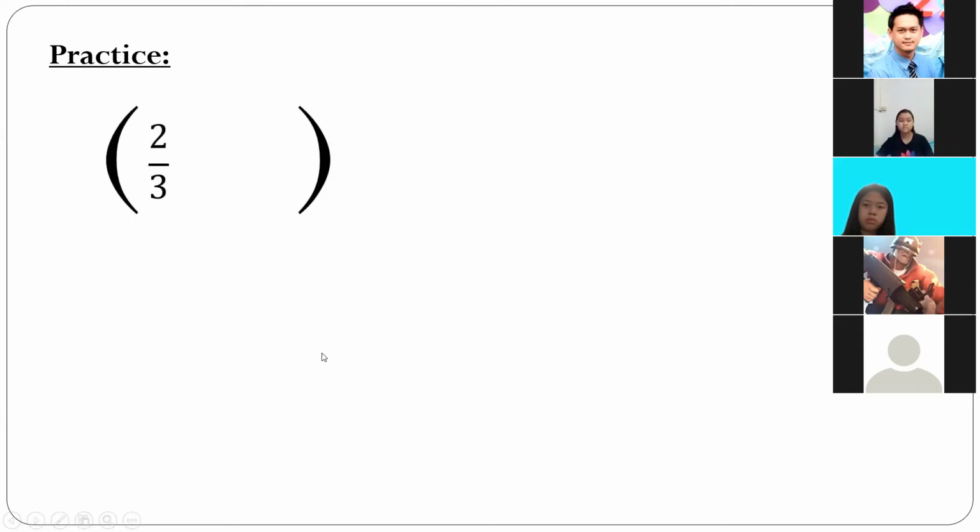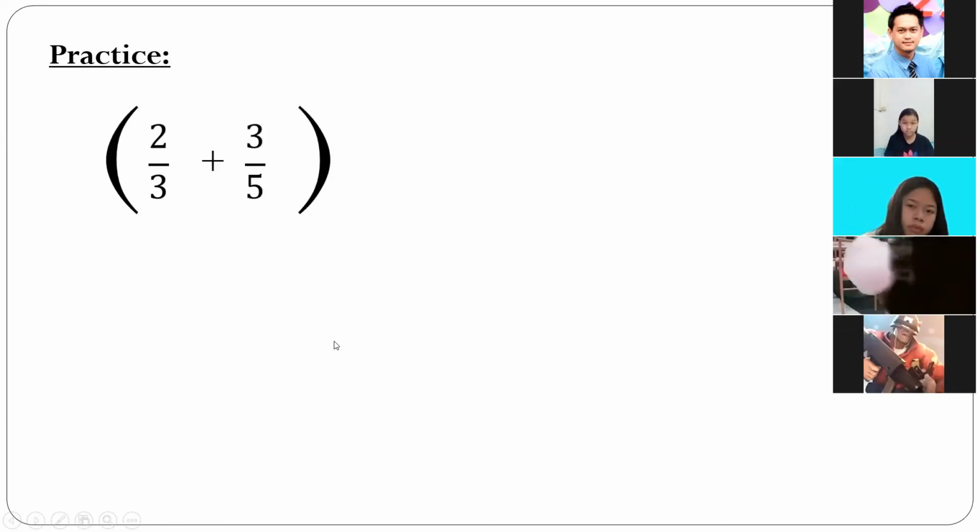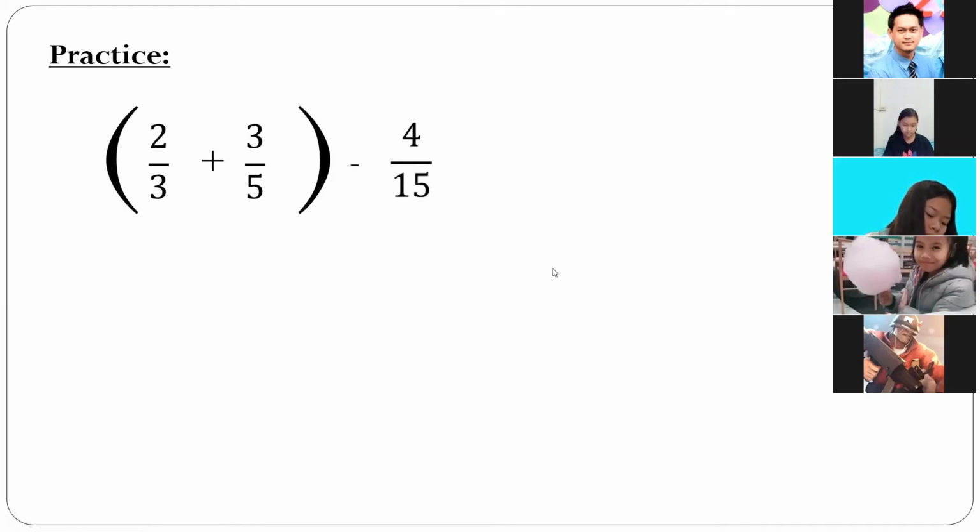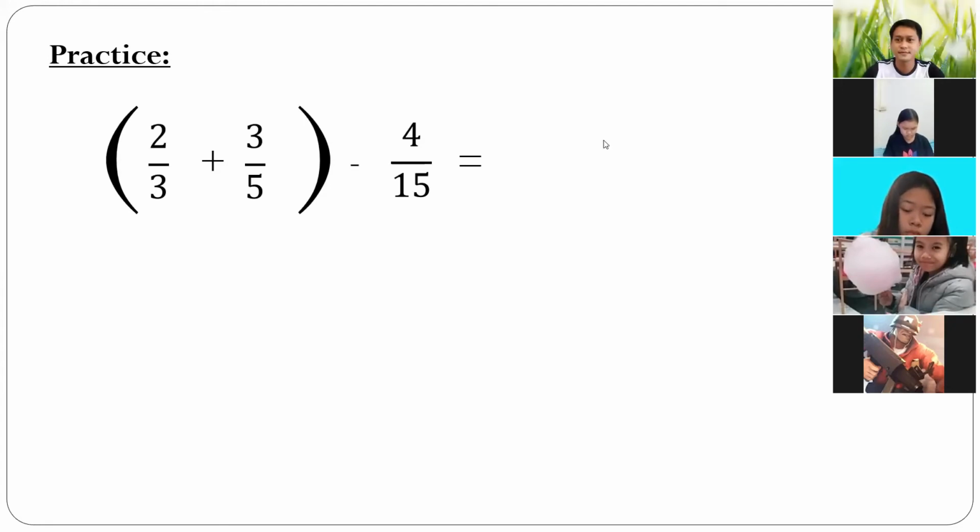Next, 2/3 plus 3/5 minus 4 over 15. Easy?